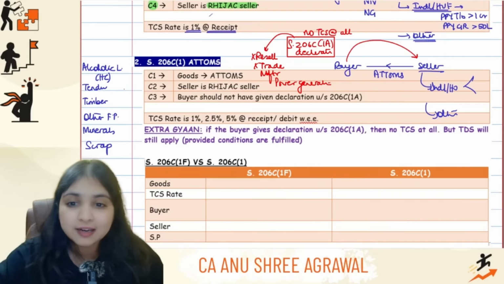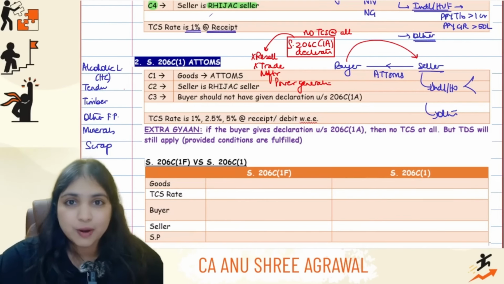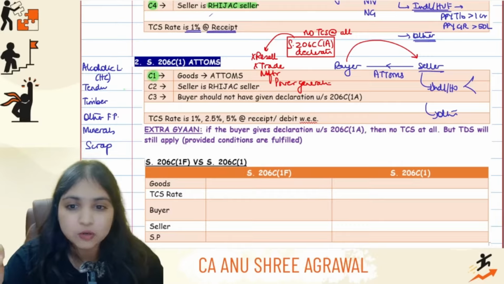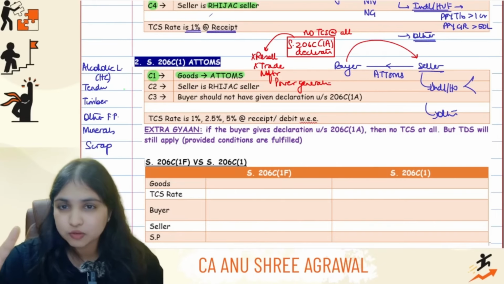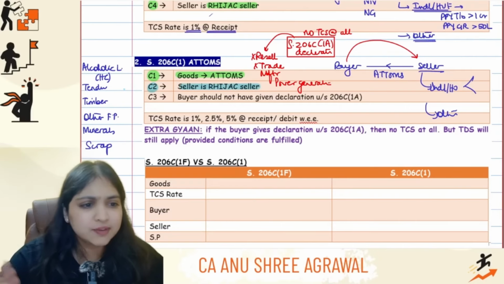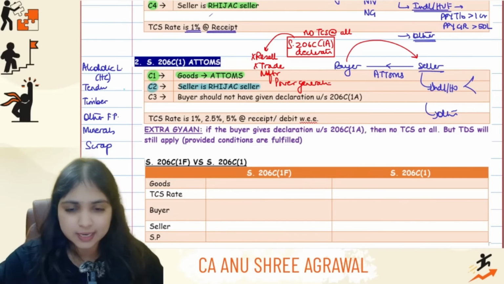Okay, so under section 206C1, come on guys, let's revise now. Under 206C1, let's go in depth now. Totally 3 conditions. Condition number 1, what are the goods I'm talking about over here? The goods are atoms. Alcoholic liquor for human consumption, tendu leaves, timber, other forest produce, minerals and scrap. Okay. Condition number 2, the seller is an R hijack seller, which means if he's an individual or HUF, preceding previous year turnover gross receipt should be more than the limit.